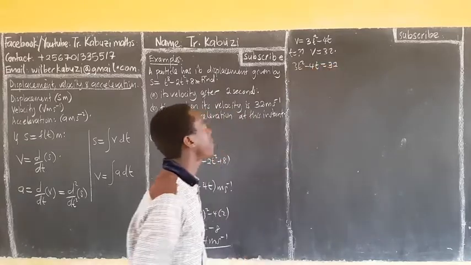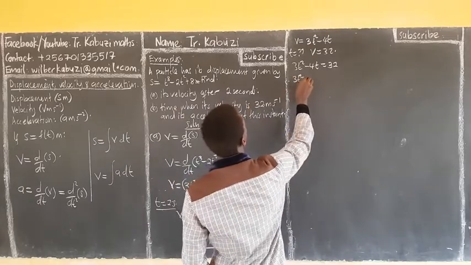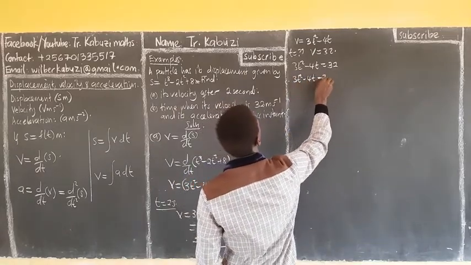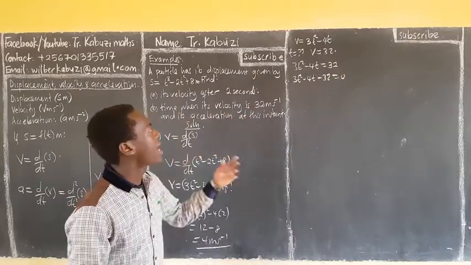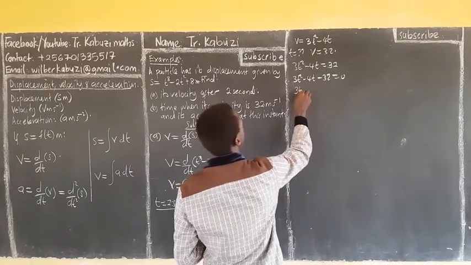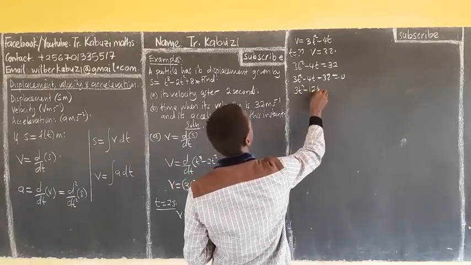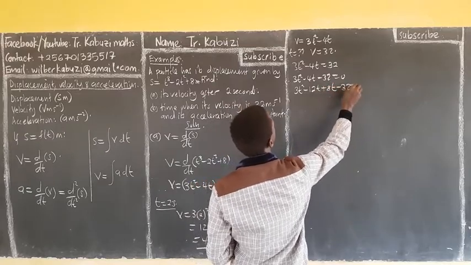I need to get the time. Taking this to one side, I have 3t squared minus 4t minus 32 equals 0. Two numbers that multiply to give minus 96 and add to give negative 4: this will be 3t squared minus 12t plus 8t minus 32 equals 0.